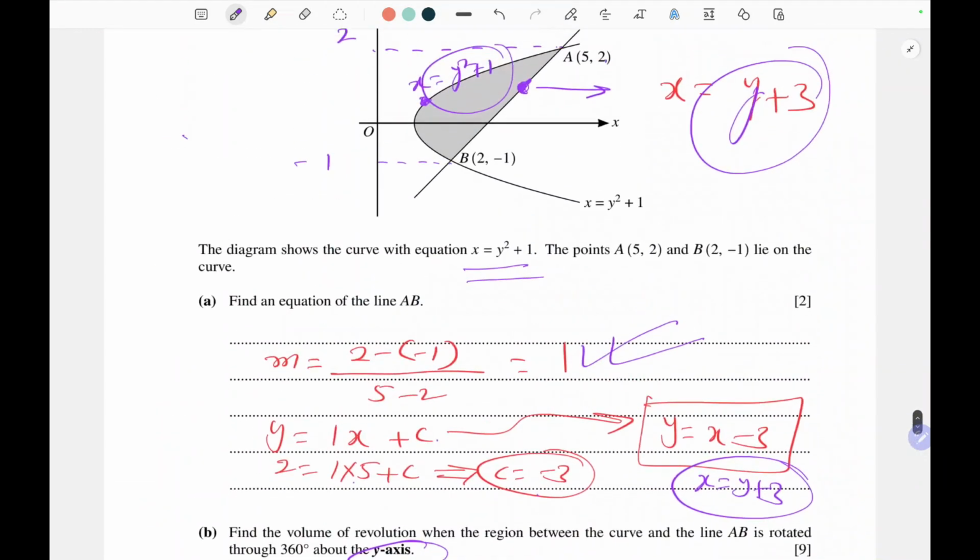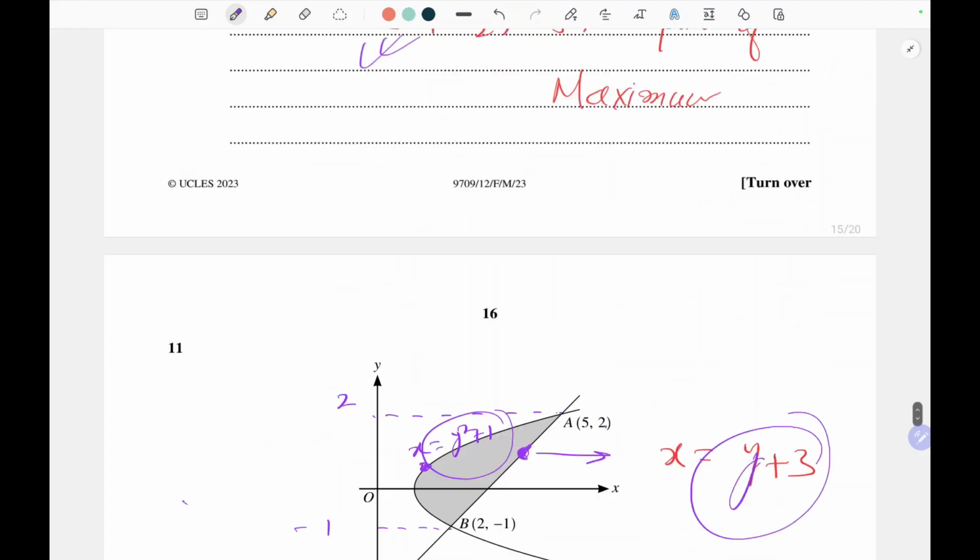So guys, I tried to explain this whole paper as quickly as possible because I wanted to just explain that. I did not want to teach you any concept, I'm just trying to explain that this kind of question might come again in your May-June exam or in the October-November exam. So better to practice.